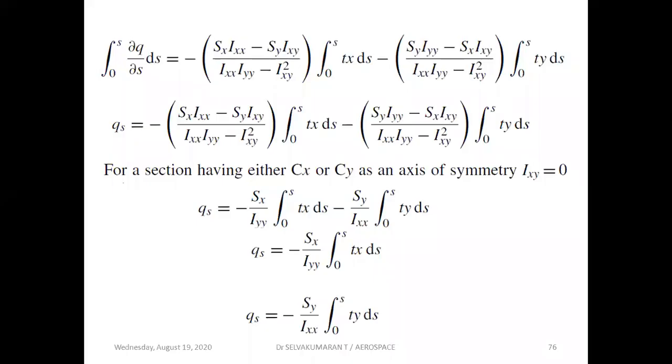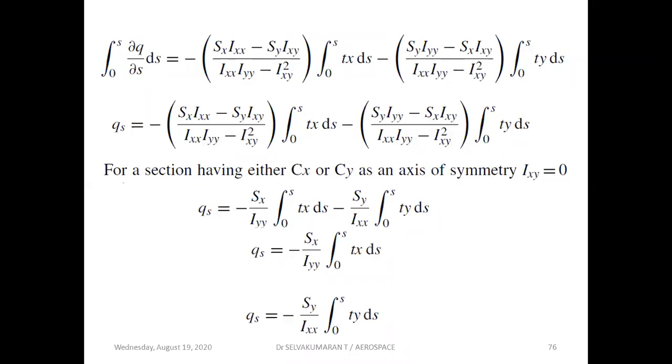Always remember, if any section is symmetric about an axis, the shear center point will lie along the axis of symmetry. If a section is symmetric about the x-axis, the shear center point will lie along the x-axis, and if it is symmetric about the y-axis, the shear center will lie along the y-axis. So if a section is symmetric about the x-axis, I have to consider Sy alone, which means Sx is 0, as the shear center is lying on the x-axis.